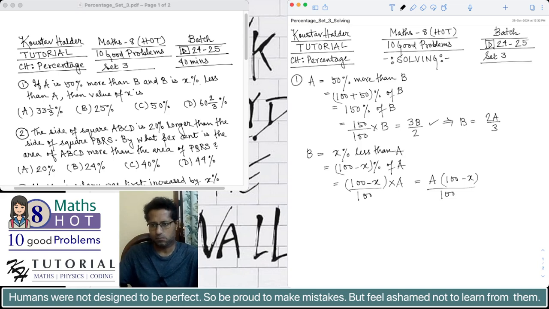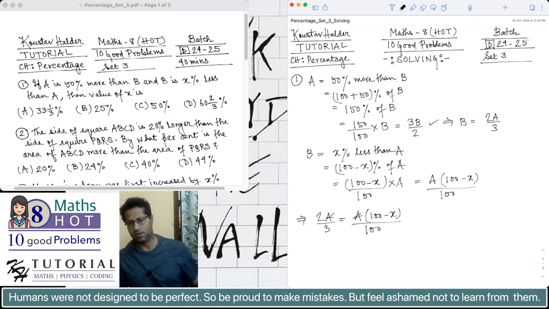Now we have B equals 2A by 3, and also we got B equals A into 100 minus X by 100. So this implies we can say that twice A by 3 will be equal to A multiplied by 100 minus X divided by 100. Now we can cancel A from both sides, or rather we can divide both sides by A, since A is not 0.